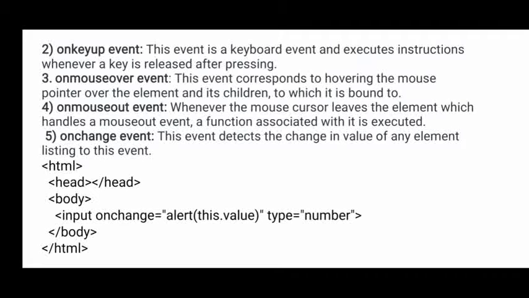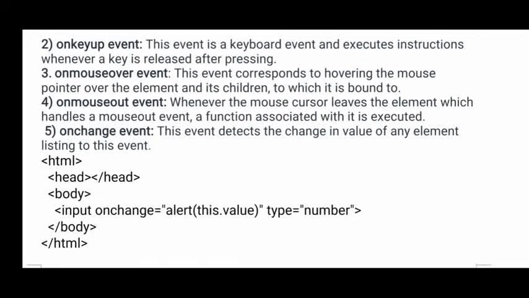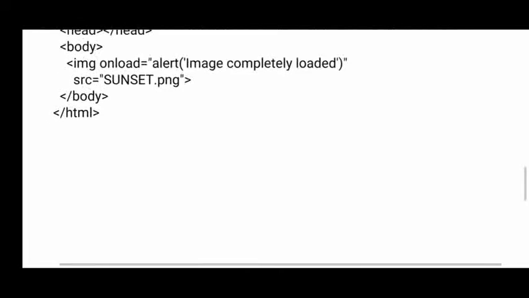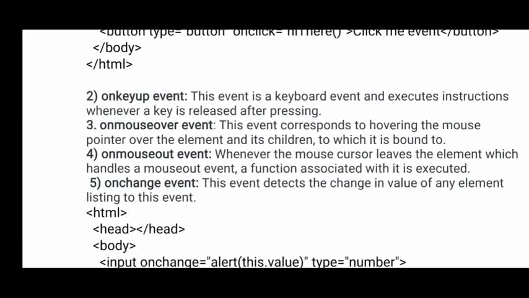Now the next one is the onkeyup event. The onkeyup event is when the user releases the keyboard key. After pressing the key, you will release it, no? So the event happens when the user releases the key.